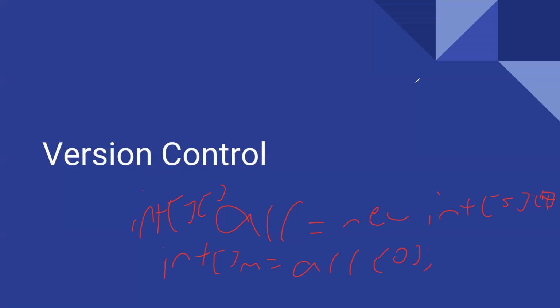And arr sub 1 is equal to m. And then m sub 0 is 5. Then I print, and I know this isn't proper syntax, but whatever, arr sub 0. I know my handwriting is kind of messy, but can anyone tell me what that would print out?